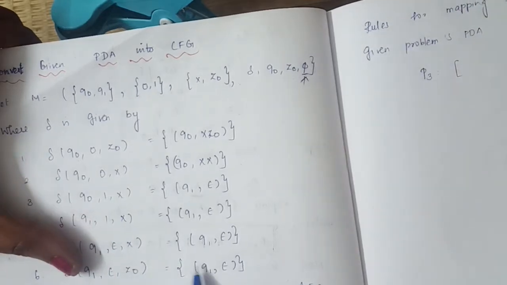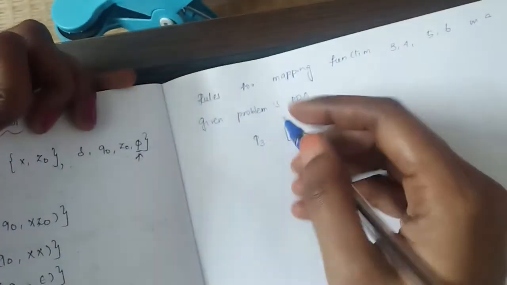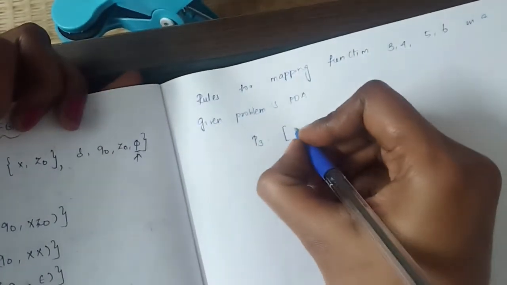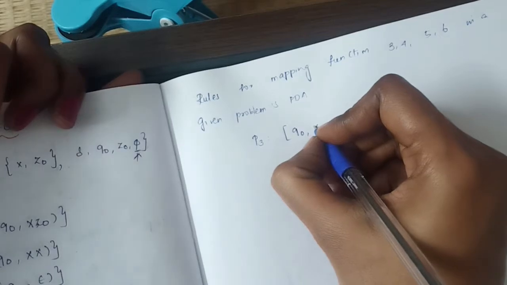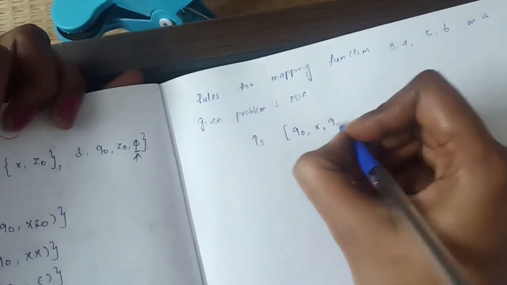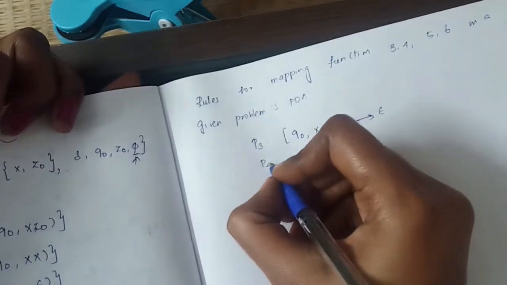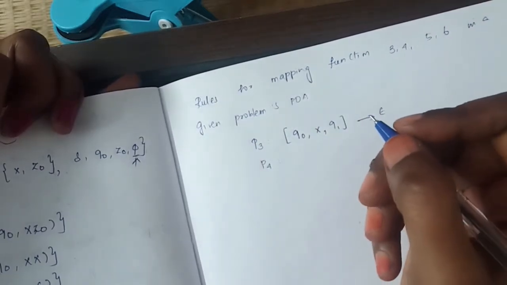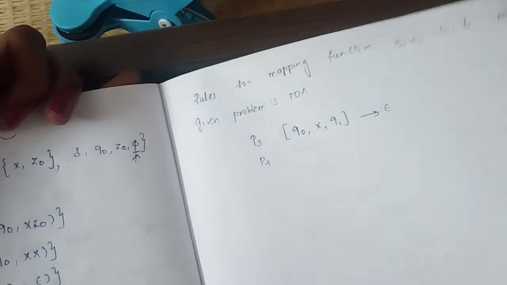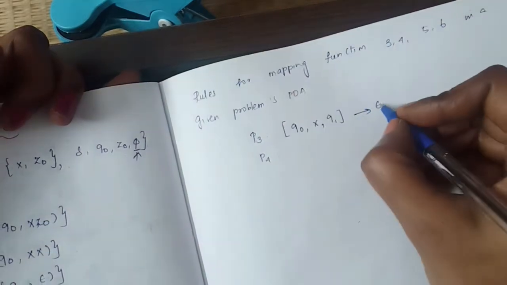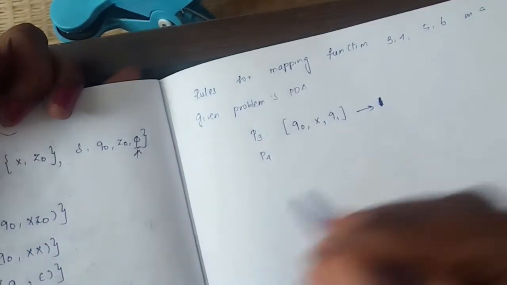So we have to rewrite this similarly: Q0 x Q1 derives epsilon. No, Q0 x Q1 derives 1, not epsilon 1.